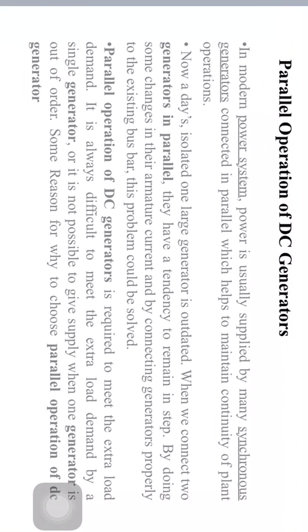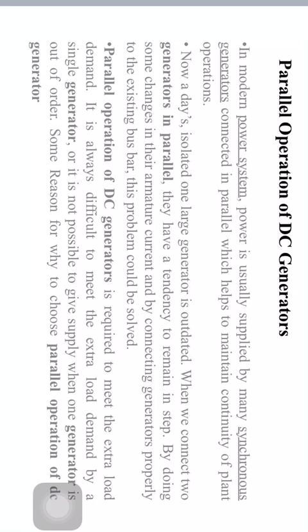When we connect two generators in parallel, they have a tendency to remain in step. By making some changes in their armature current and by connecting the generators properly to the existing bus bar, this problem can be solved.